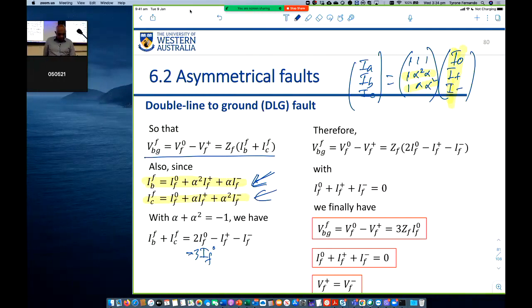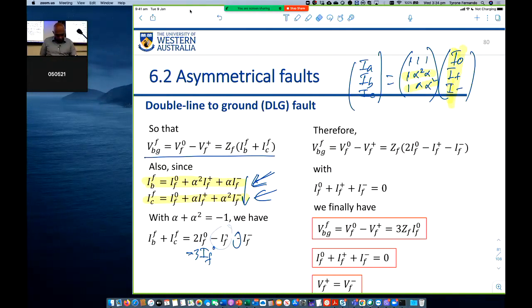On the right hand side, you're going to get 2 times IF0, and you're going to get alpha plus alpha squared times IF plus, and alpha squared plus alpha times IF minus. Alpha plus alpha squared is -1, so you're going to get minus IF plus, minus IF minus, right?